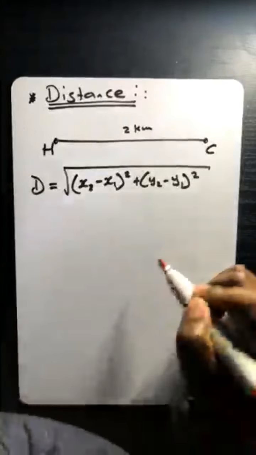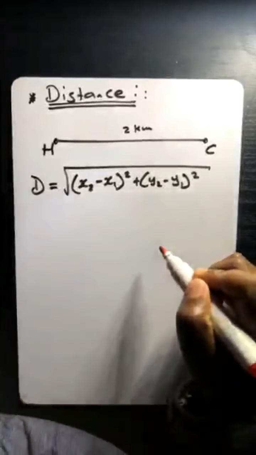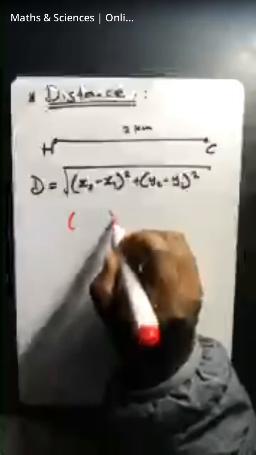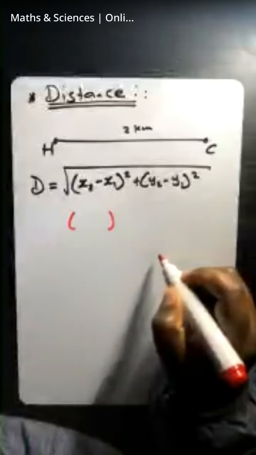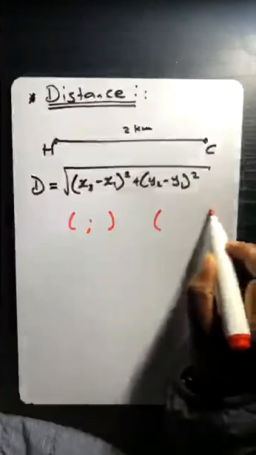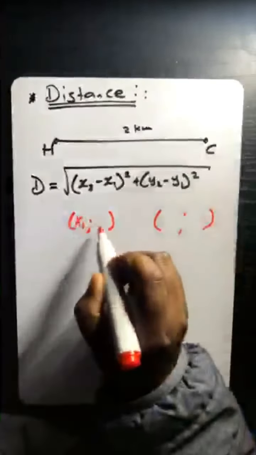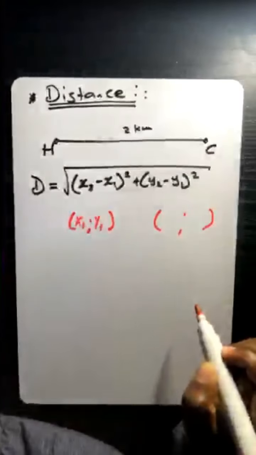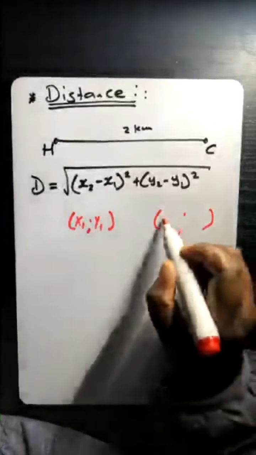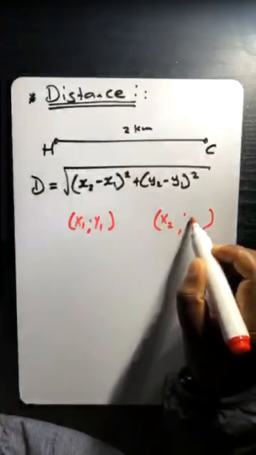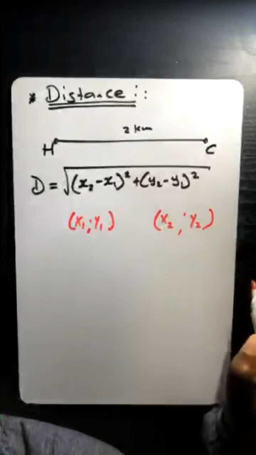For the distance formula, you can see that we've got the x coordinates and the y coordinates. In short, we've got two coordinates. The x1, obviously the corresponding y value will be y1. We also have x2 and y2.